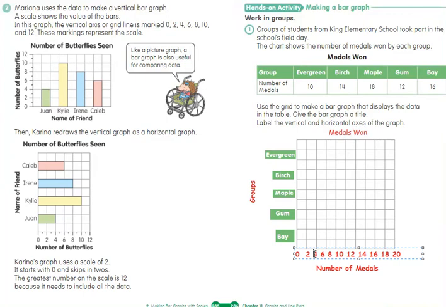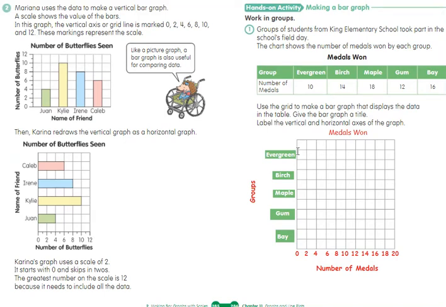Some of them I kind of got to move over. All right, so I tried to label them the best that I could.